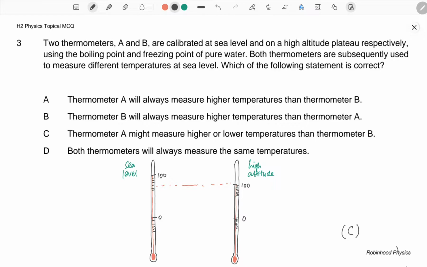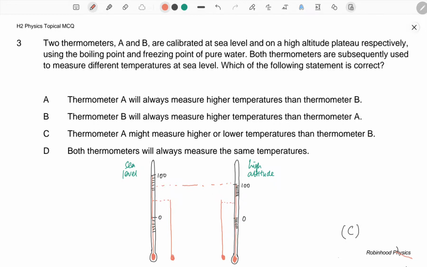Okay, now suppose we have a temperature which is somewhere at room temperature. Then you will have mercury column this high. For this guy, you'll read a certain value, but for the other guy, the mercury column will still be at the same height, but here you'll read a higher value, because the entire scale is being more squashed downwards towards the 0.